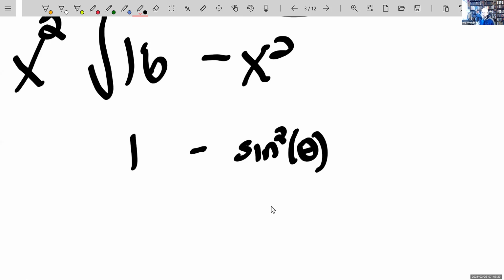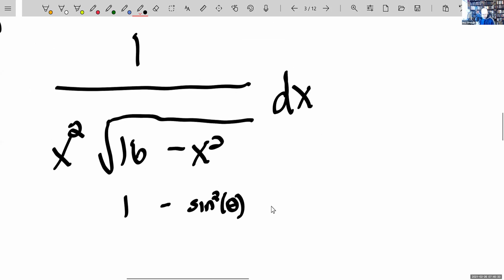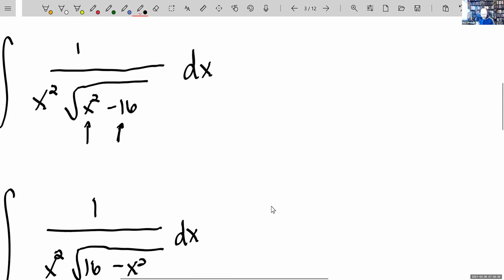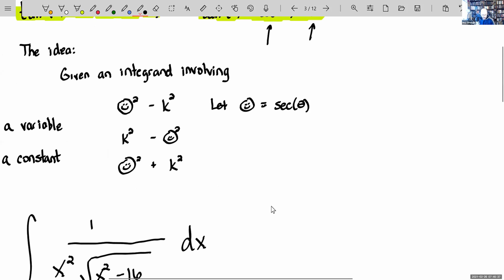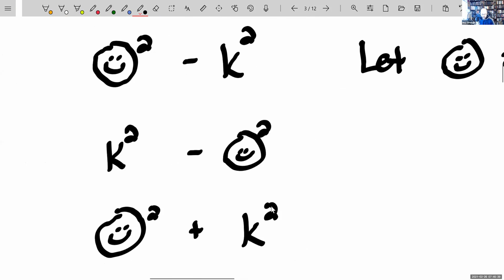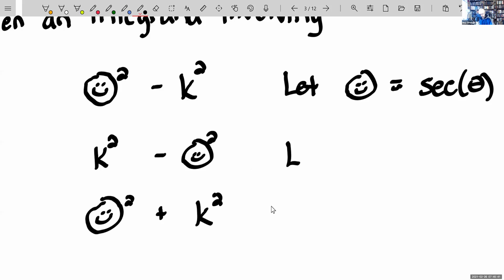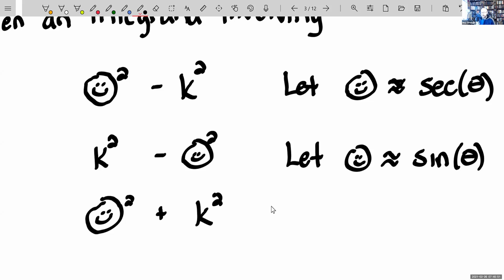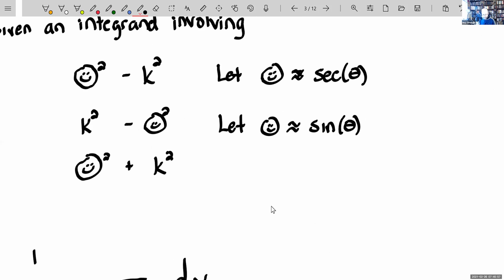It may not look that close to you, but it is very close. I can make it into that if I want to. So when I have a constant minus a variable expression being squared, we're going to let that variable expression be approximately like the sine. It's not going to be exactly, but we'll modify it. So if you do that, it'll be like a 1 minus sine squared, sort of.